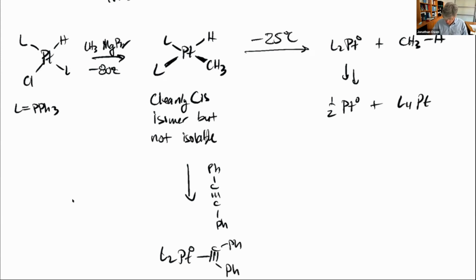So he could avoid this platinum zero formation, making this metal particle and powders in his sample, and he could get this clean product. So Halpern came up with a better experimental system. It eliminated the cis-trans problem that was in Trogler's reaction, and he produced a homogeneous product that simplified the kinetics.